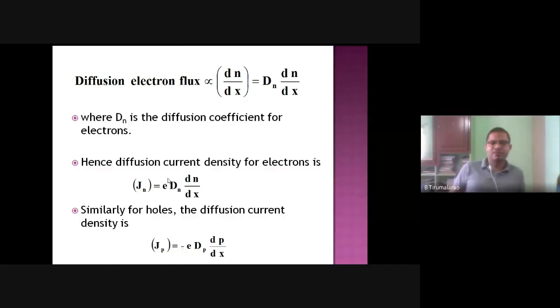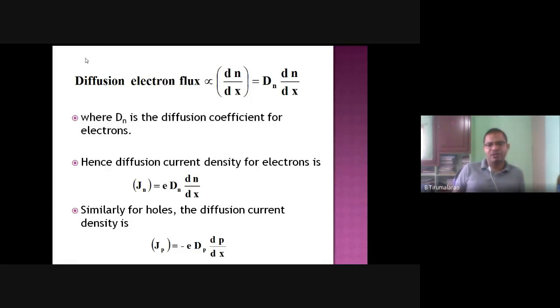This means that the electrons flow from left to right along the positive axis. At the same time, the holes move from right to left, or positive axis to negative axis. That's why the direction of flow of holes is always opposite to electrons. So in the case of holes, here we mentioned negative charge.